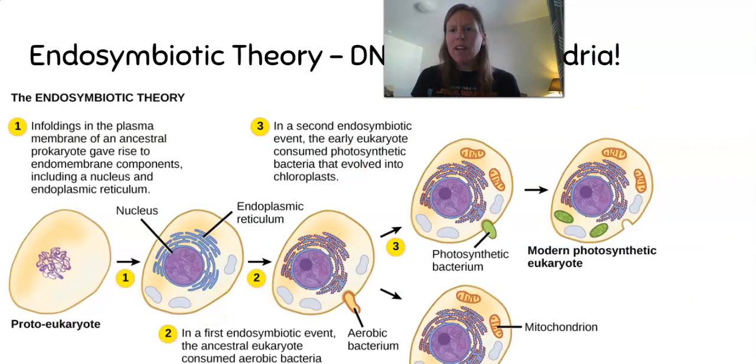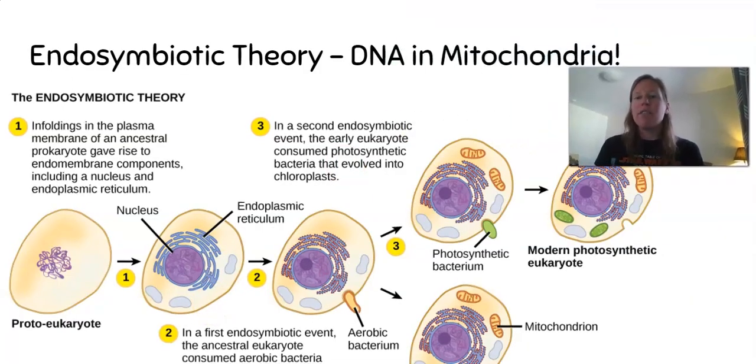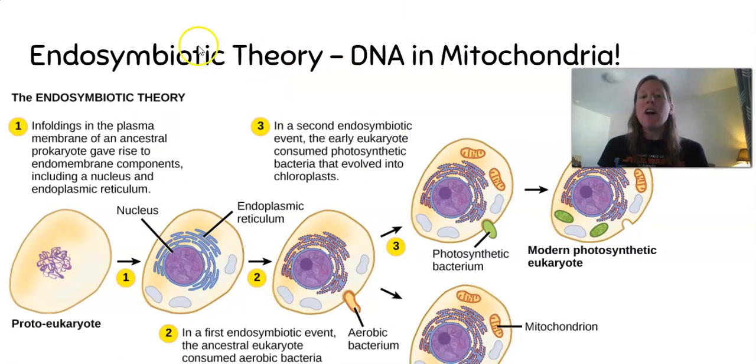Another quick note that I just didn't cover as much as I should have: we talked about the endosymbiotic theory, which stated that old eukaryotes used to envelop bacteria, and that's how we got the mitochondria. So the mitochondria used to be a bacteria that performed aerobic respiration and lived its own life, and then one day it was eaten by a larger cell, and then the cell just kept reproducing it over and over again.